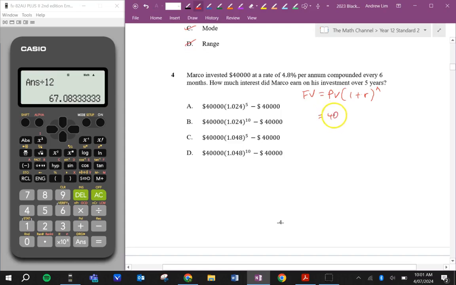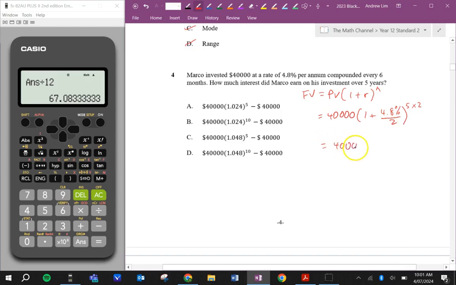So that's 40,000 times 1 plus 4.8% divided by 2, because it's twice a year, for 5 years times 2 to work out how many 6 month lots there are. And so we can see that this 4.8% is technically 2.4% when we divide it by 2.